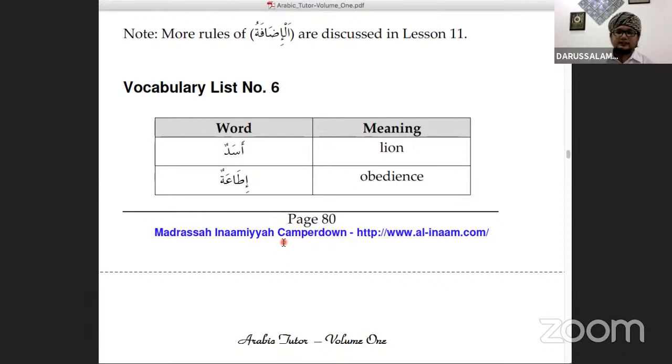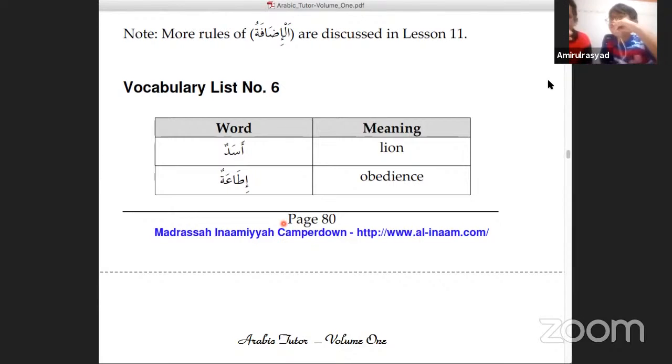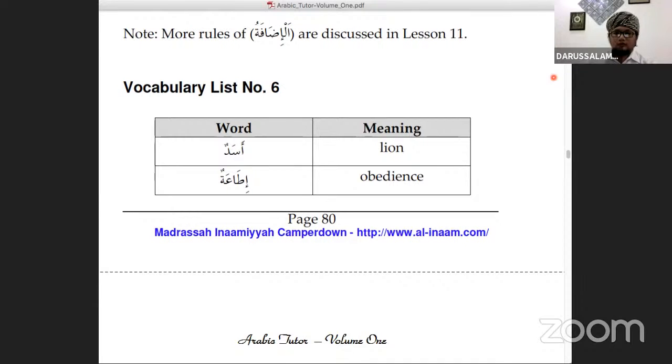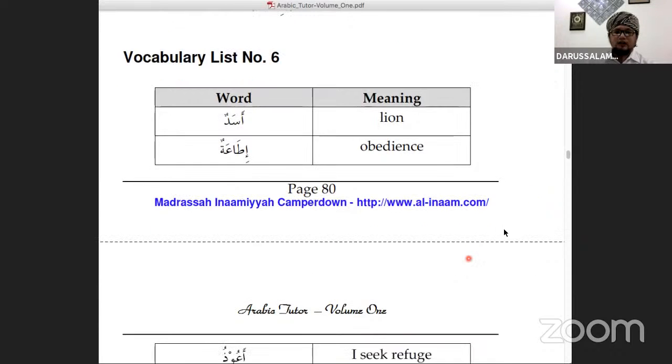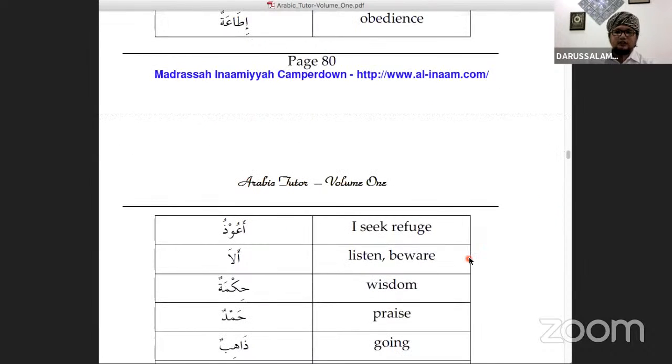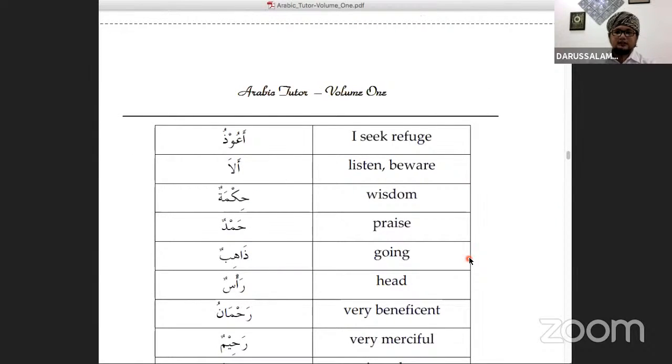Yeah, okay. Next. Kemudian. Obedience, ya. Qita'ah. Obedience. Okay, good. Next.